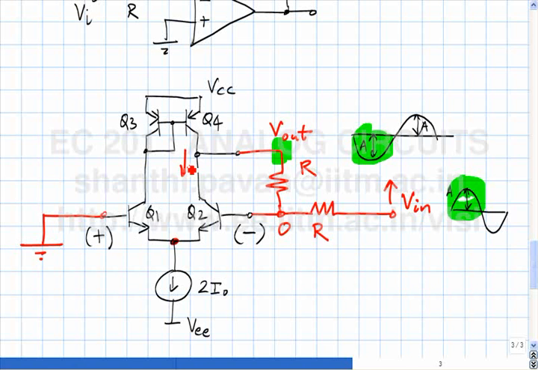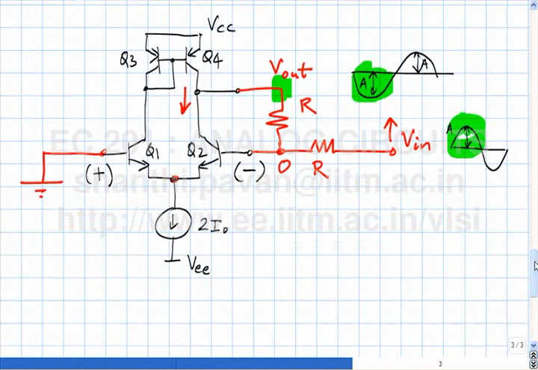You understand? So, even if you put an infinitesimally small sine wave, the moment the input goes up, Q2 enters saturation, causing a drop. Okay, so what happens when the input goes in the negative half cycle?